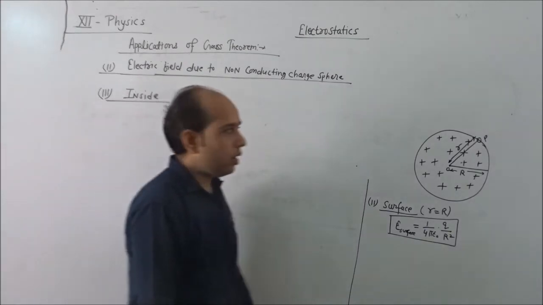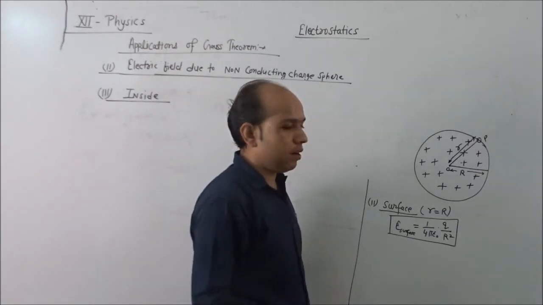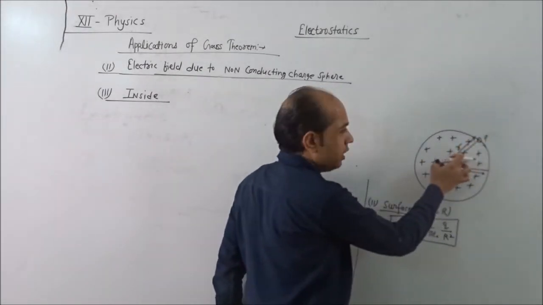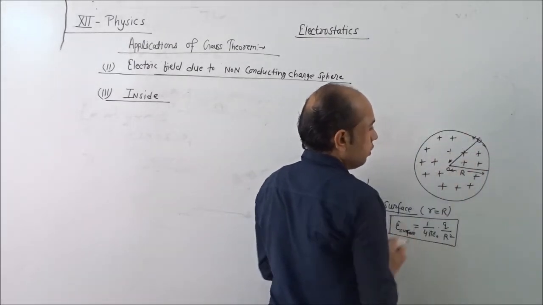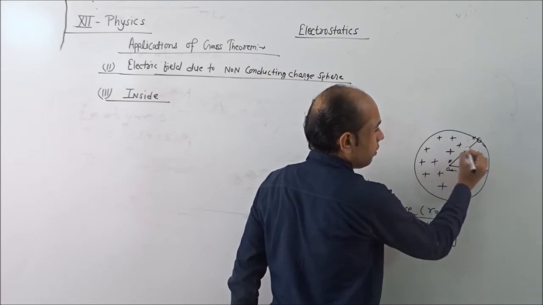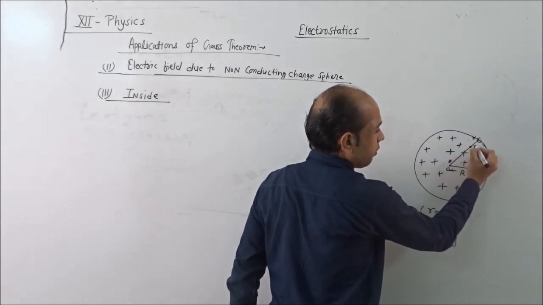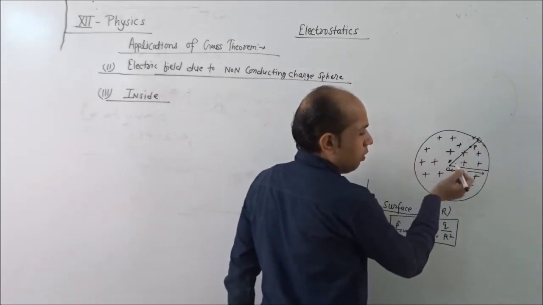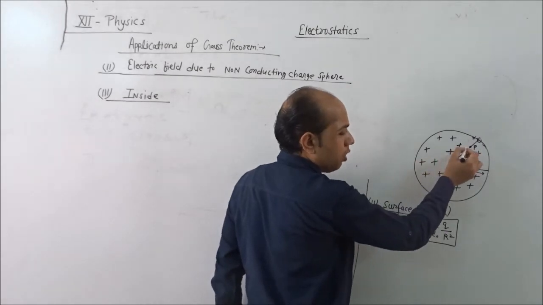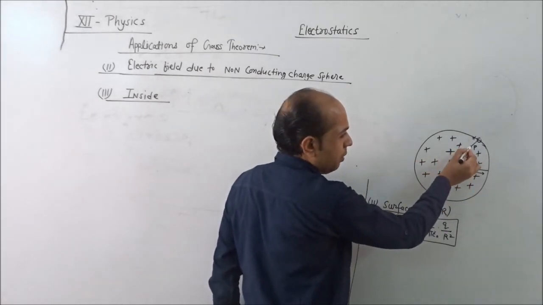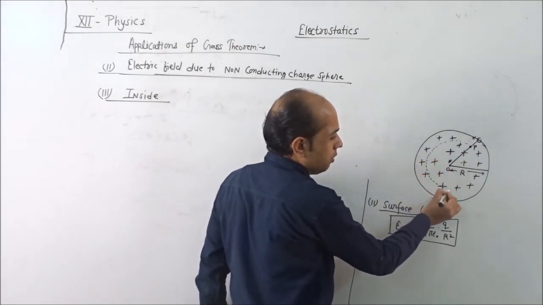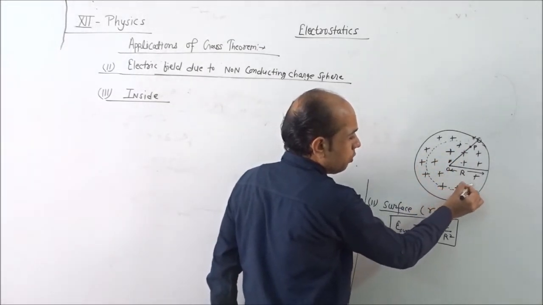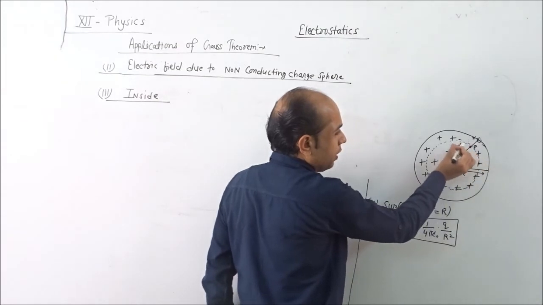Now in order to calculate the electric field inside this sphere, point P is shifted inside the sphere. Again, in order to apply the Gauss theorem, we require an imaginary surface. So we draw an imaginary Gaussian surface, symmetric to the given sphere.